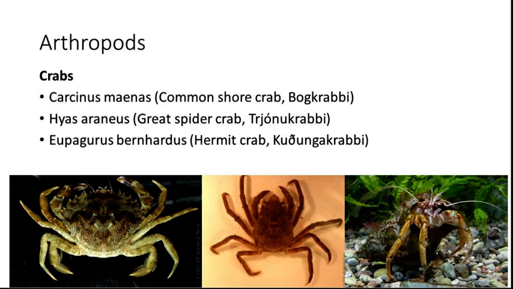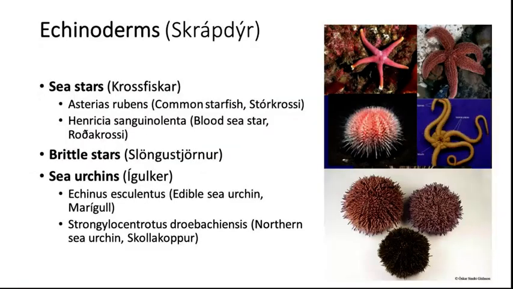Other types of animals that live on the seashore are echinoderms. They all have a rather hard outer layer. They don't have a shell like the arthropods, but they have some chitin growing out of their skin. And these are sea stars, and here in Iceland we have the common starfish, which can grow quite large, and you can see that to the top right, and then the blood sea star.